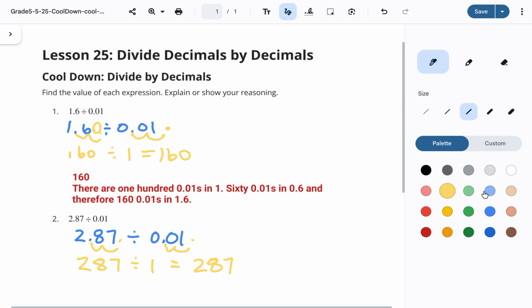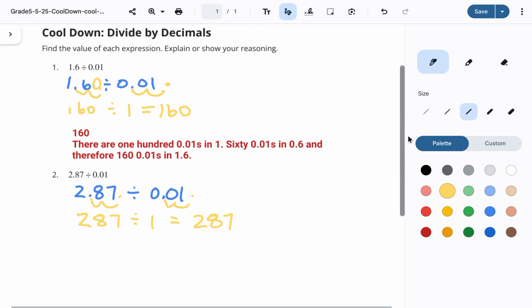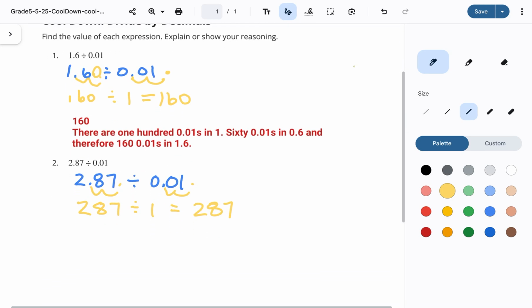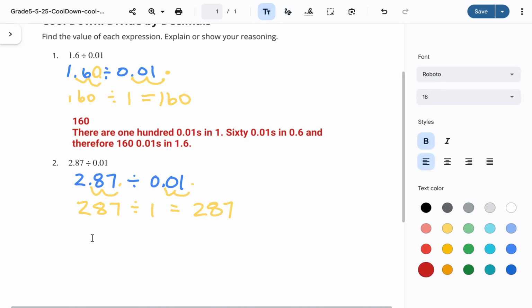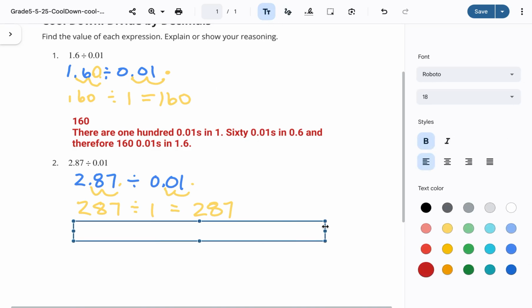That is how we can use a procedure to answer our math problems very efficiently and accurately, but it's not the mathematical reasoning behind our answer. So now underneath, I'm going to write out the mathematical reasoning behind what we just did. I'm going to say that my answer here is 287.